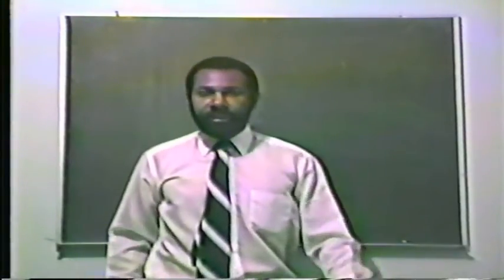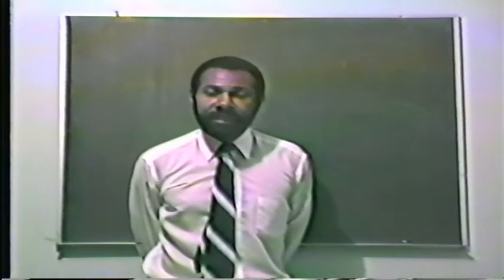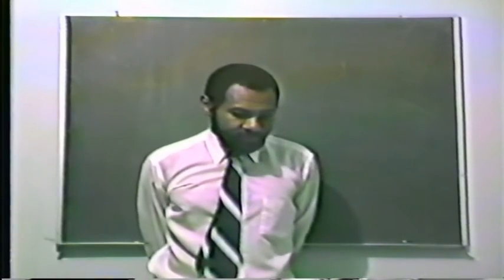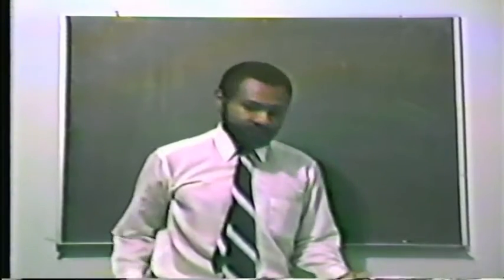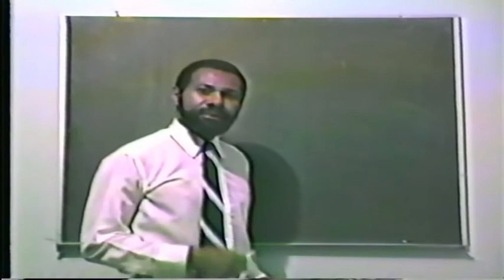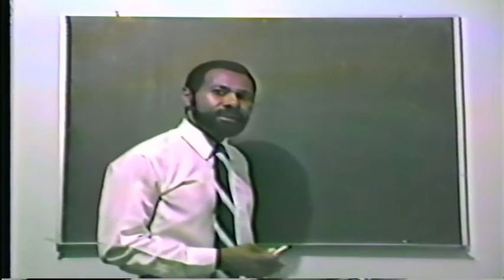We're going to discuss two ways of finding the probability of an event in a binomial experiment. The first method is by using a formula. The formula for finding the probability of a certain number of successes and a certain number of trials is this.